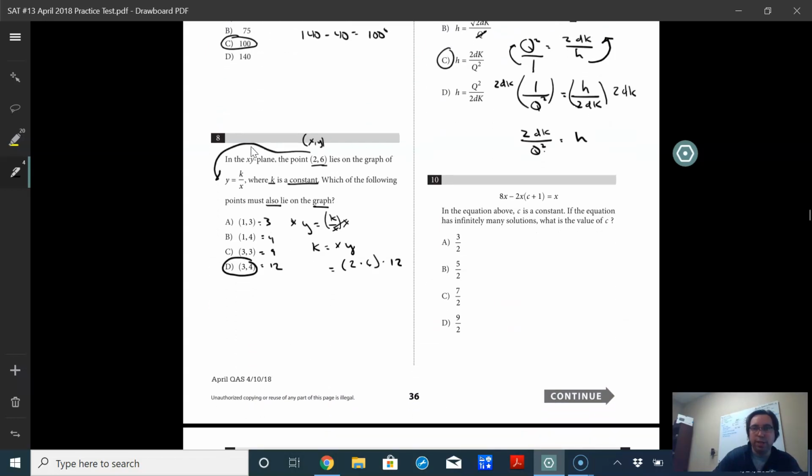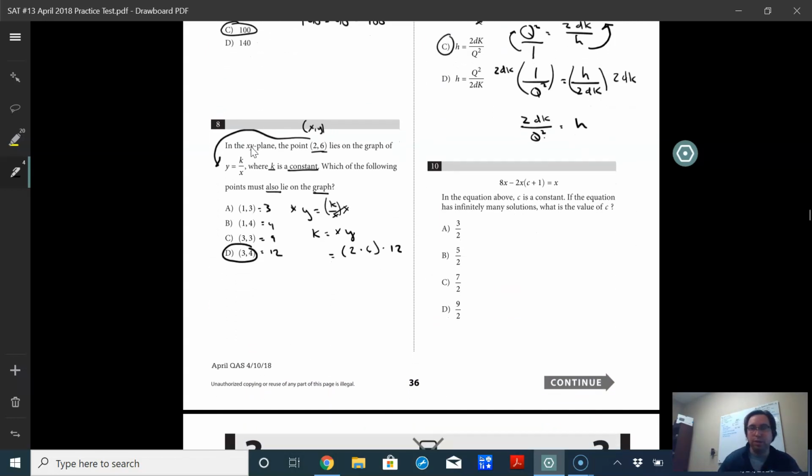Okay. All right, number 10. So what we're looking at in number 10 here is a linear equation, because remember, there's only x's here. There's no x squareds. And it's talking about if the equation above, C is a constant, if the equation has infinitely many solutions, what is the value of C?